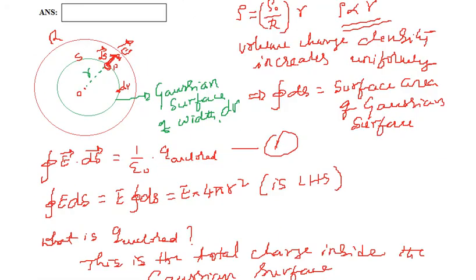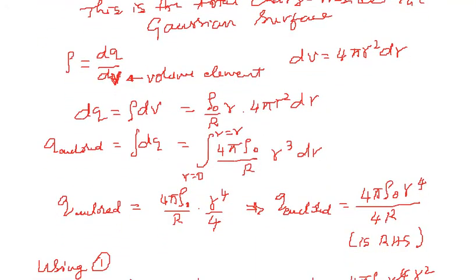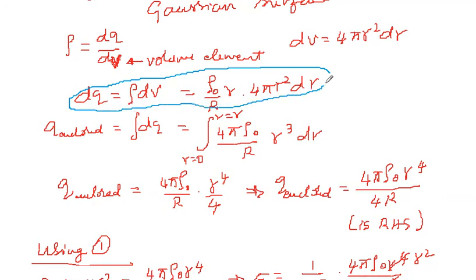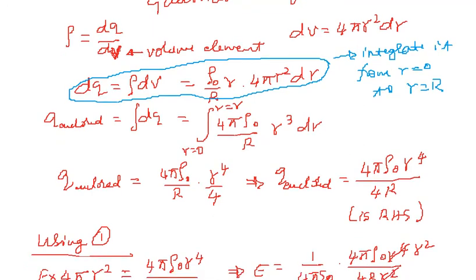For that, when I am integrating this equation, be careful. I have to integrate it from r is equals 0 to r is equals r. So what should it be?